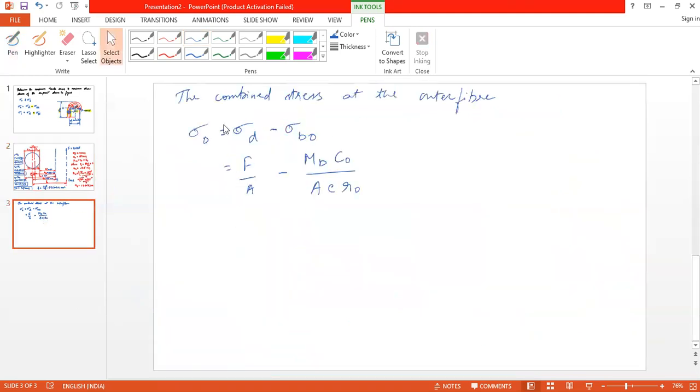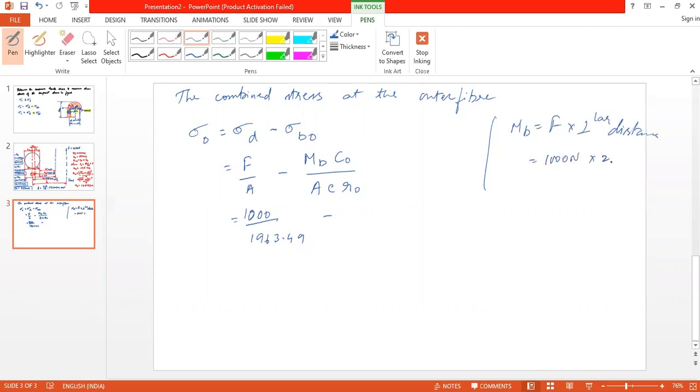Okay. Now the combined stress at the outer fiber is 1000 Newton divided by 1963.49 minus, what is the MD? MD is equal to force into perpendicular distance. So here force is 1000 Newton, multiplied by 250 mm.